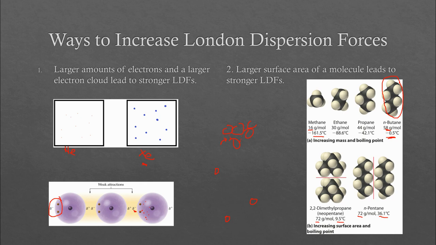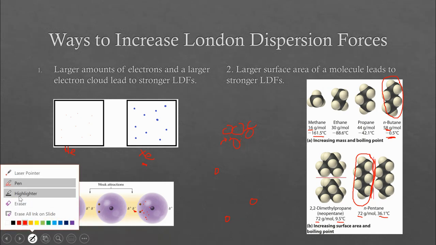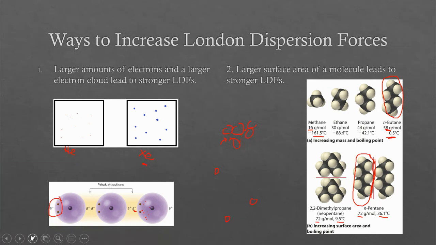They have the exact same chemical formula. The only difference is that these atoms in pentane are more spread out along the molecule. It's a linear structure. It has a larger surface area, and so therefore there can be many more points of attraction for the London dispersion force.